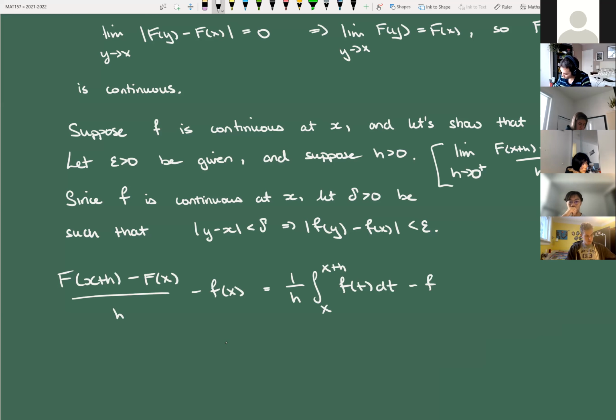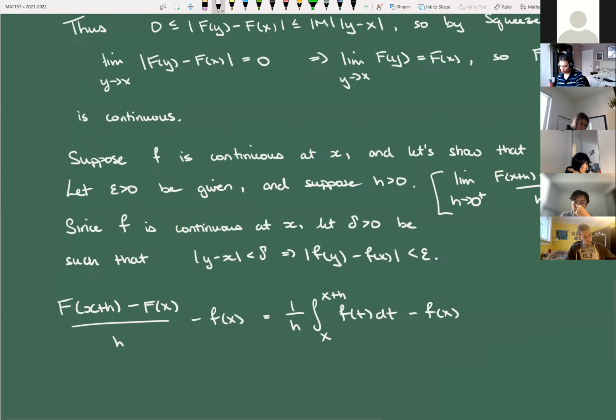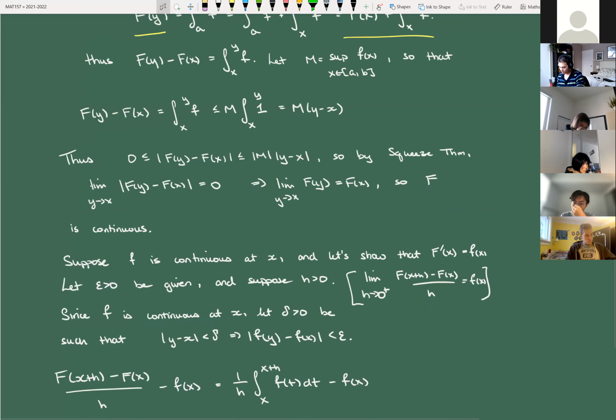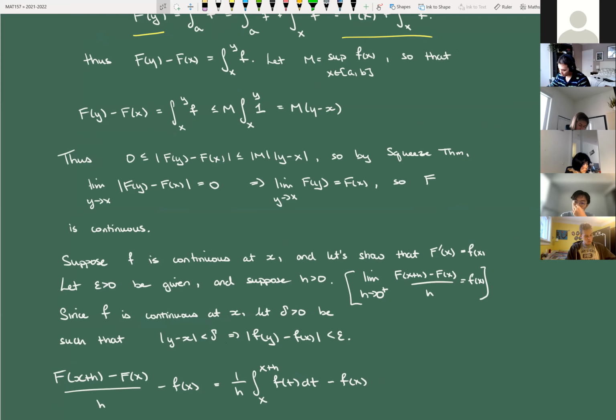Otherwise, this is going to get too messy. Okay, so I've written that down. Somebody yell if you don't quite see where that comes from, but I am still just using this right here. So let me try and highlight this in green. So I'm still just using this.